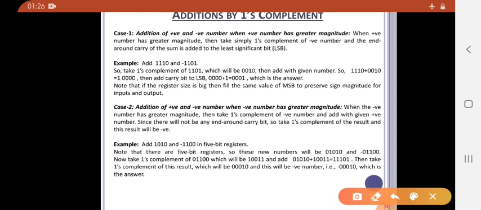See, here the two numbers are 1010 and the other number 1100.